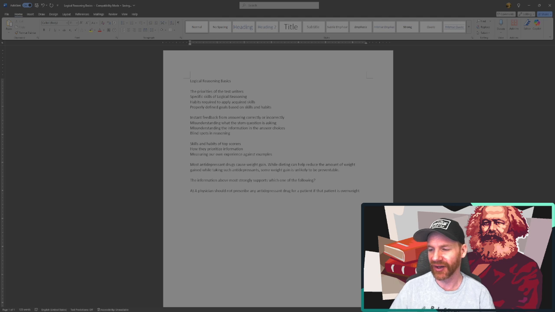That is incorrect on so many levels. We don't need to get into the nitty gritty of prescribing medications, but being overweight likely isn't a contraindication for being prescribed an antidepressant, even if one of the side effects is weight gain. So, no, incorrect.